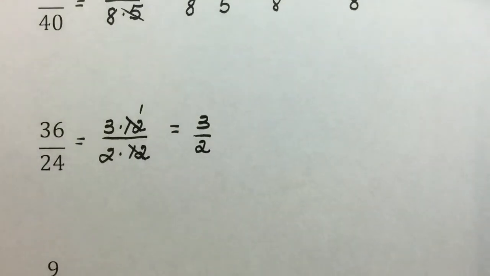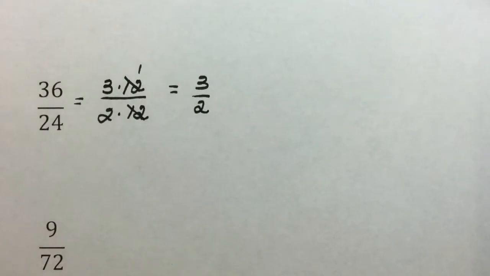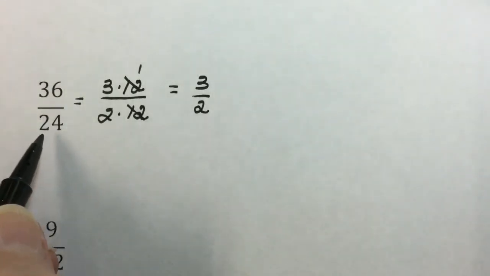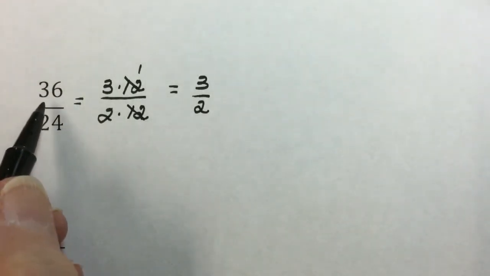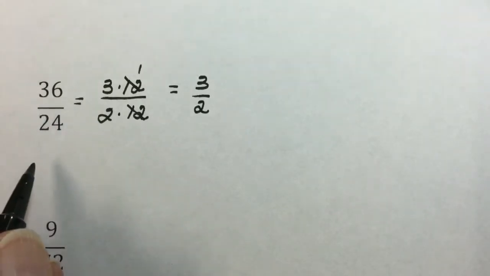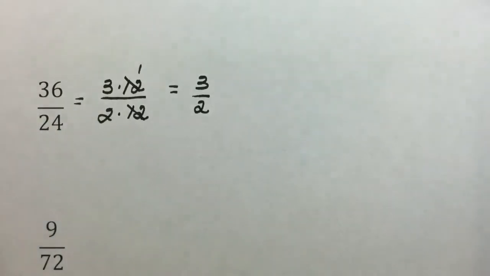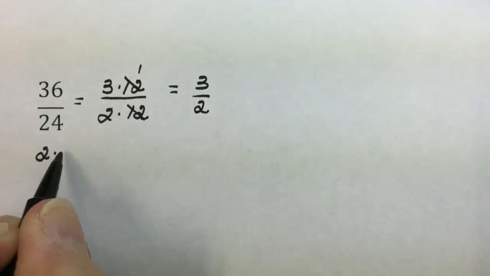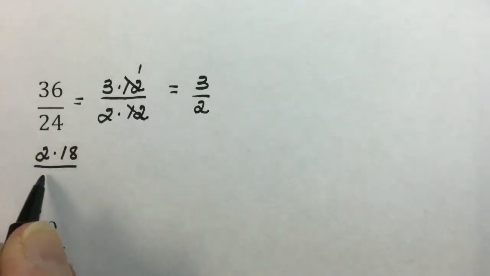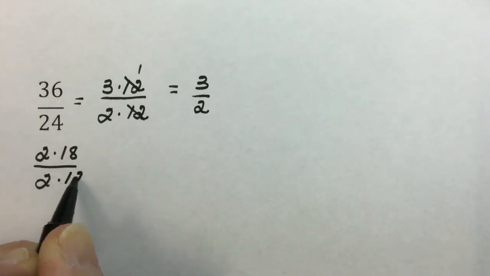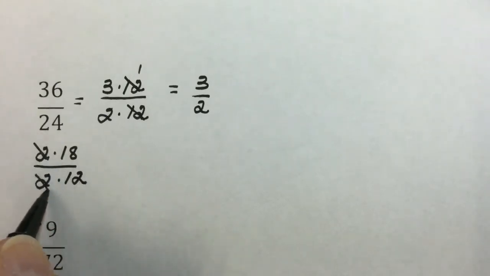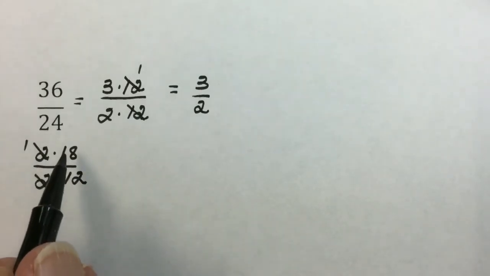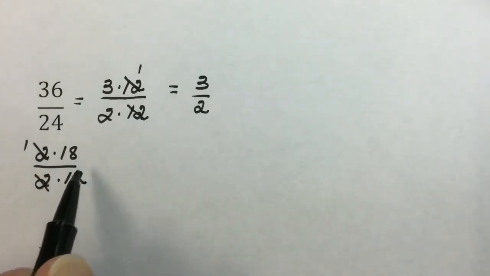If we struggle with finding that common factor, another approach is to break 36 and 24 down step by step. They're both even, so we could express 36 as 2 times 18, 24 as 2 times 12, canceling out that common factor of 2 in the numerator and the denominator, leaving us with 18/12.